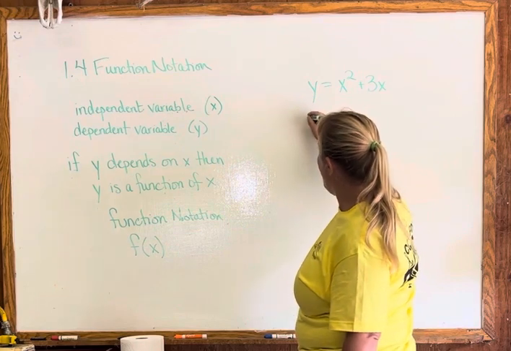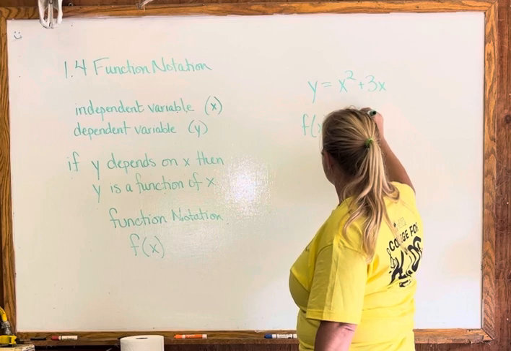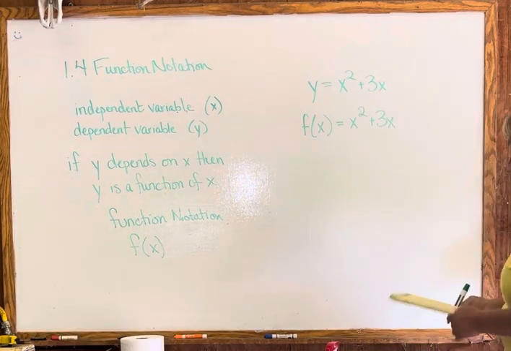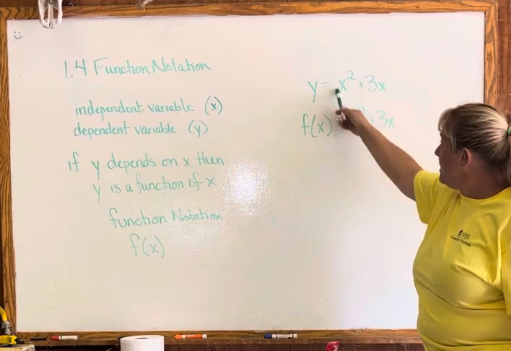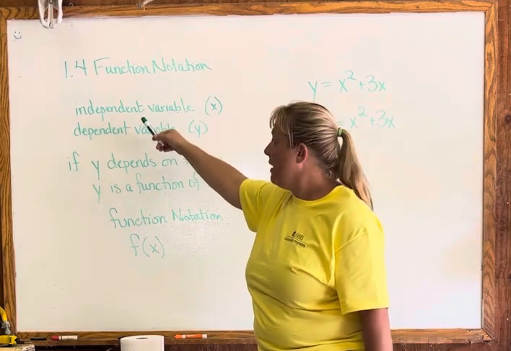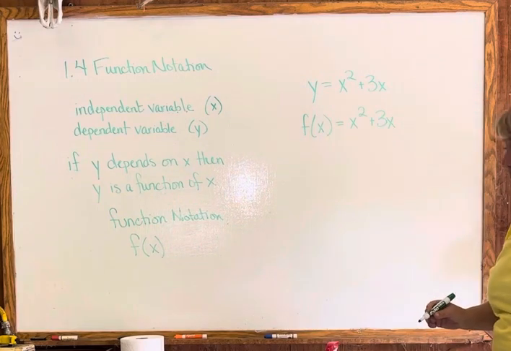So in place of the y, we put f of x equals x squared plus 3x. And that's just telling us that this equation has this dependency going on, that the answer depends on what x values were given.